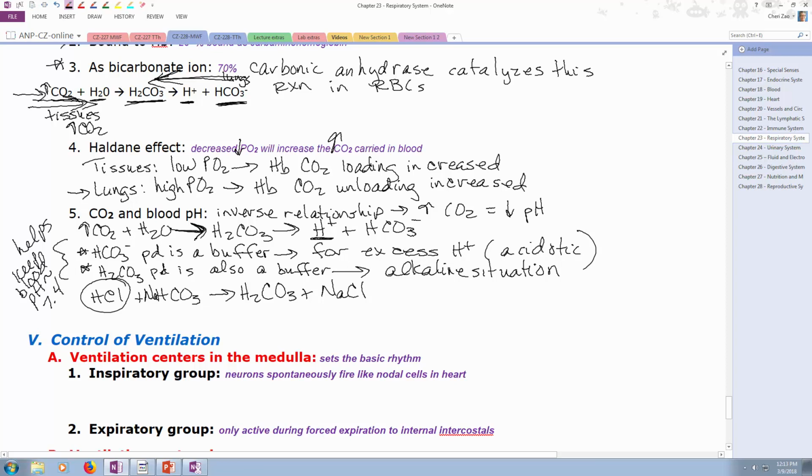So this is an example of how our bicarbonate is helping to minimize a really aggressive attempt to change our pH. Now let's take a look at a really strong base, sodium hydroxide.